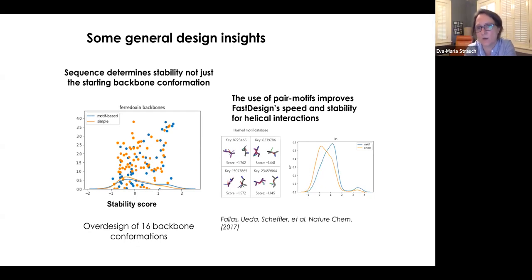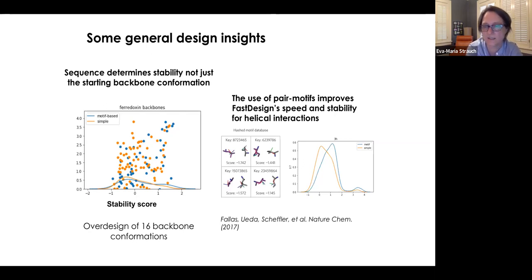But stability bias, the only one where that made a significant difference was for 3 helical bundles, where you have essentially helices right next to each other, and it turns out that was where most of the motifs actually were extracted from. So depending on how you make your database, you can bias towards getting more stable folds.